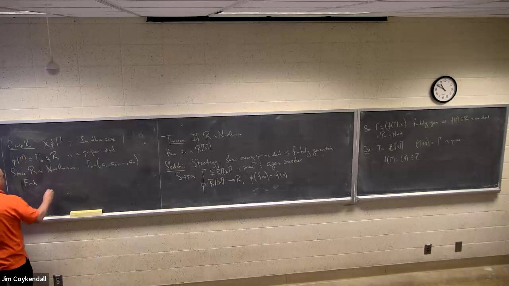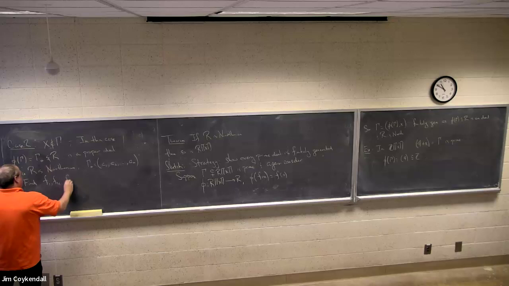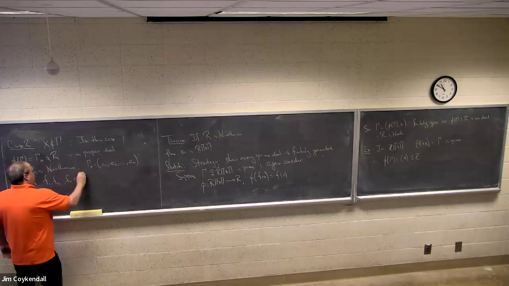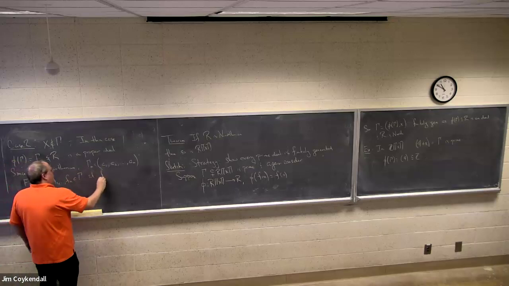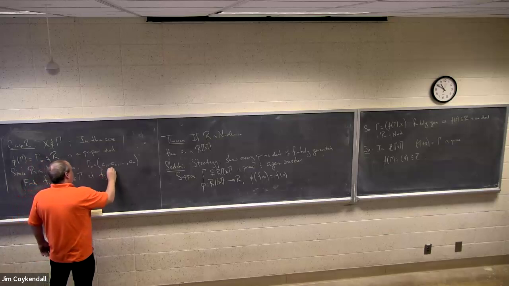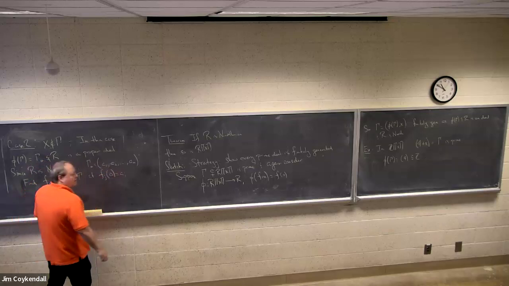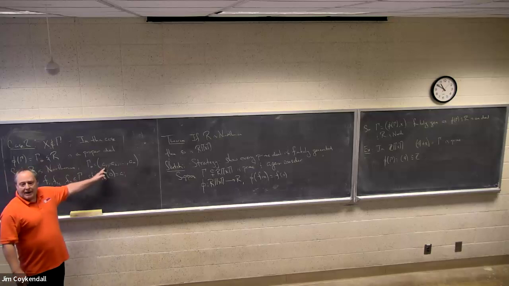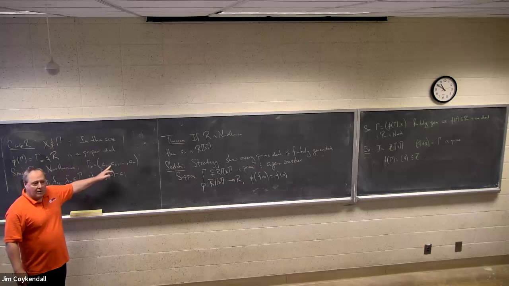Find f1, f2, up to fn in gamma such that fj(0) is aj. So just find any power series you want whose constant term is a1, another one whose constant term is a2, and so forth.